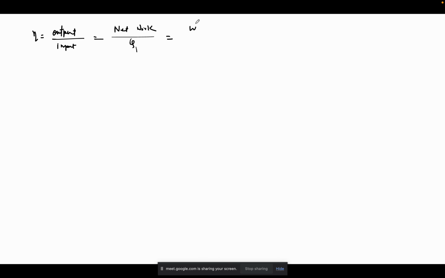Your net work is WT minus WP, and we can also write this as Q1 minus Q2 divided by Q1, which we have done a lot of times. This will be nothing but 1 minus Q2 divided by Q1, and we have already calculated these two values.